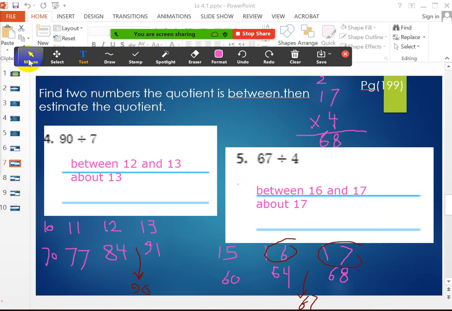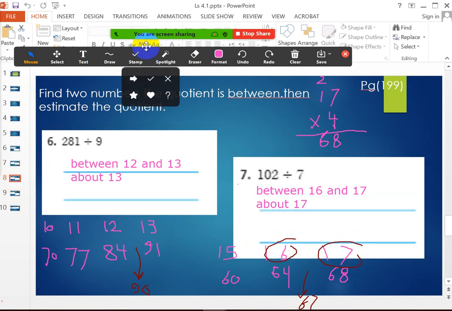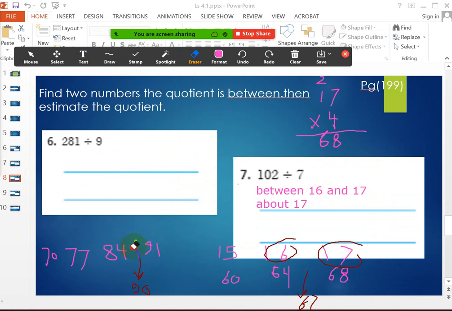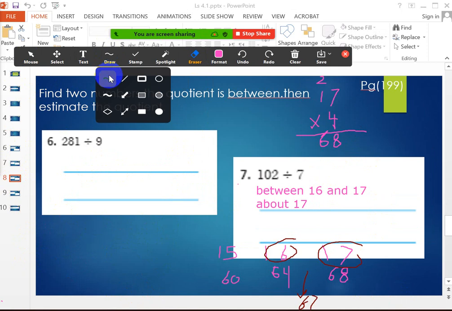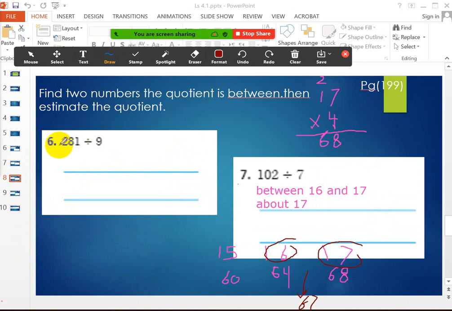Okay, let's move to number 5. I will leave this side and erase just this side, okay? Now, let's do number 8. 281 divided by 9. If I want to estimate the quotient, I also have to find the multiples or the counting numbers.